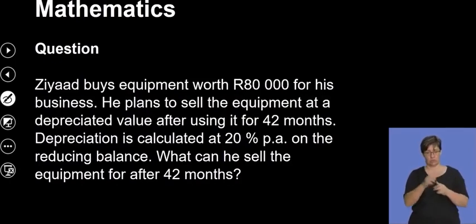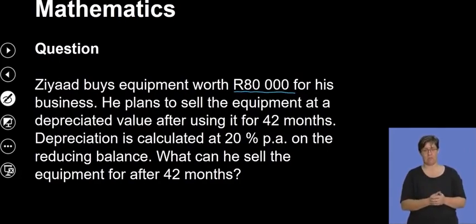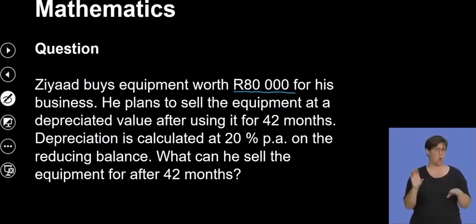Another question. So Ziad buys equipment worth 80,000 for his business. He's starting a business, and he goes to the shop, and they say to him, you will need to spend 80,000 for all the equipment that you need. It might be a logistics company, so it might be computers or anything of that sort.